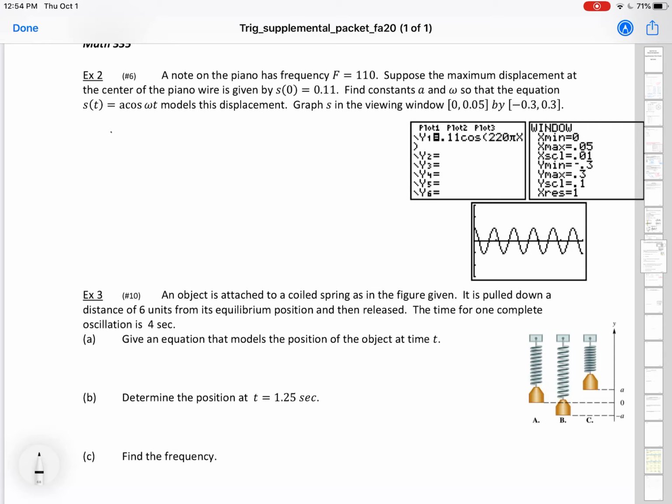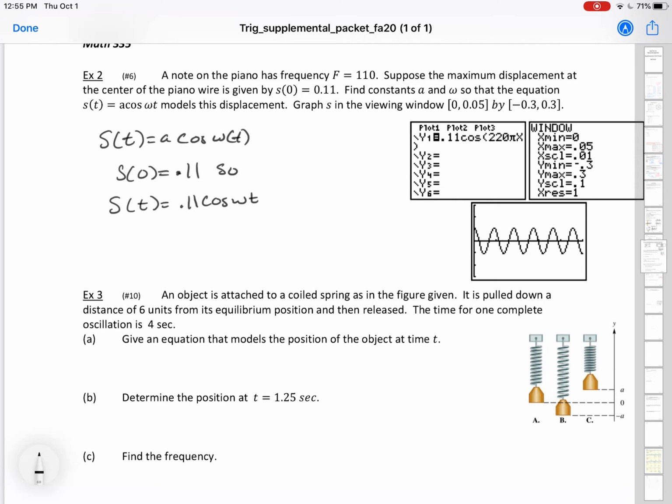But here we go. We know S sub t is equal to A cosine omega t. We know S sub 0 is equal to 0.11. So S sub t must be equal to 0.11 cosine omega t, right? The amplitude is going to be right in front. So we get a nice 0.11 there.